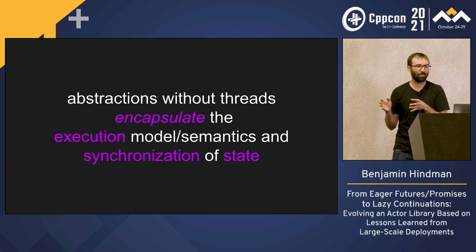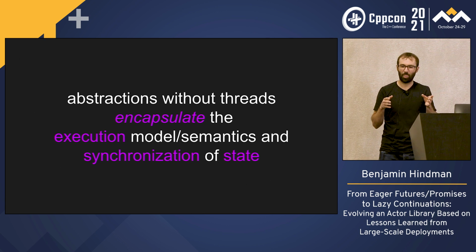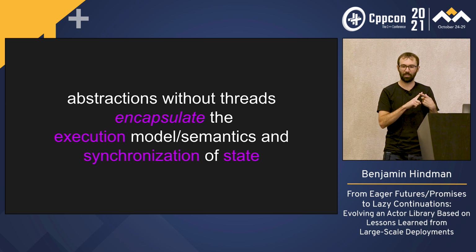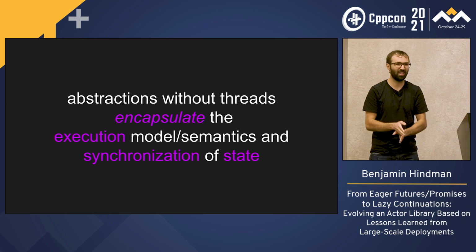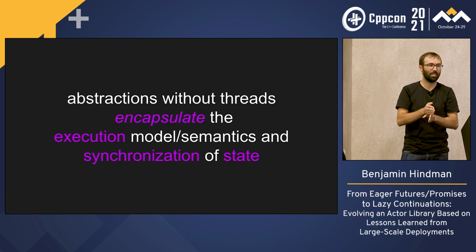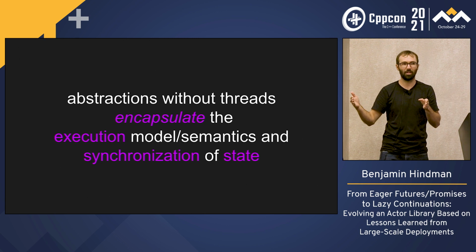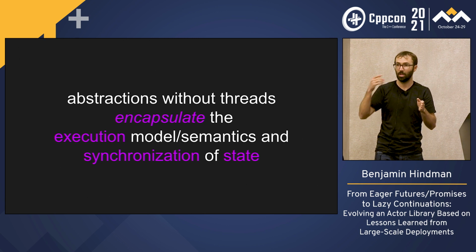So the solutions without threads, they're abstractions that encapsulate the execution model or semantics and the synchronization and the state. When you think about threads, threads are just kind of defining the execution model. Then you need other things coupled with those threads to deal with synchronization, mutexes or semaphores.